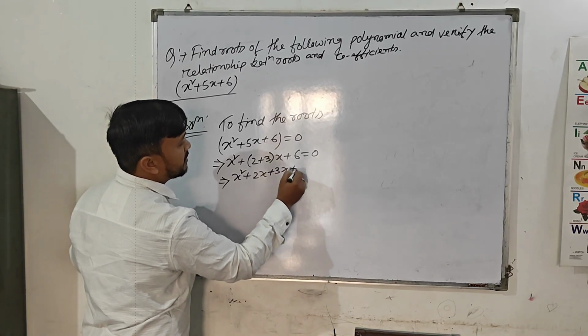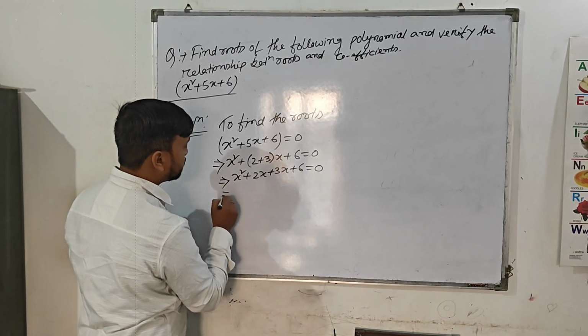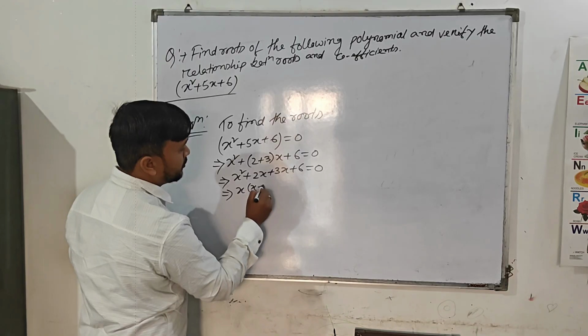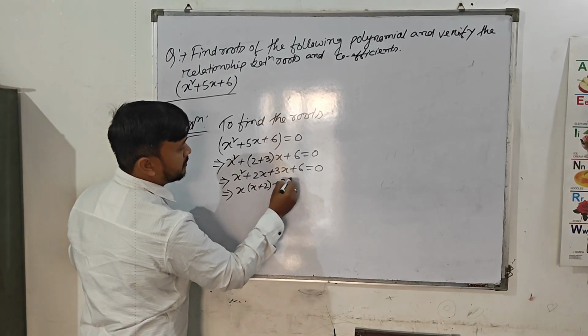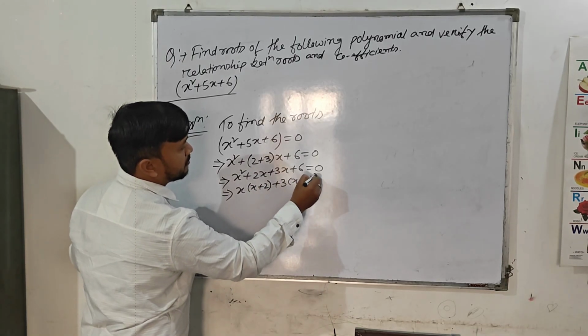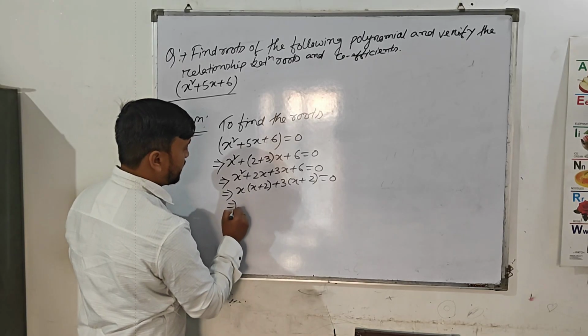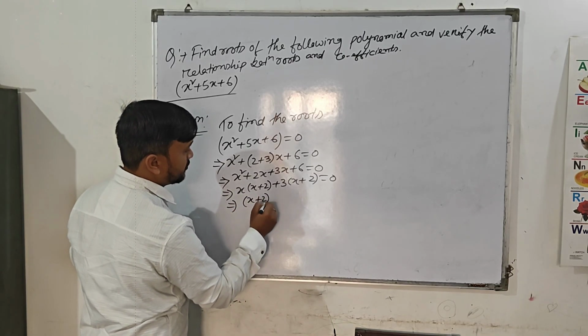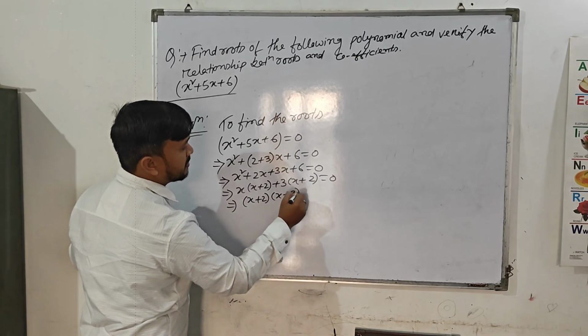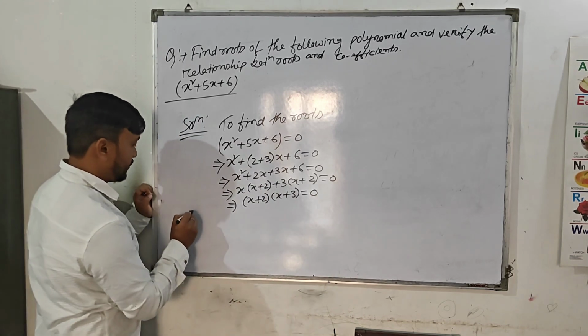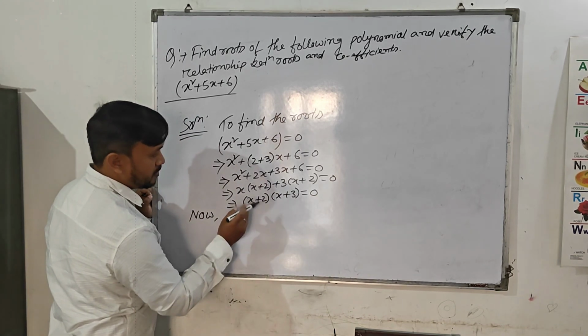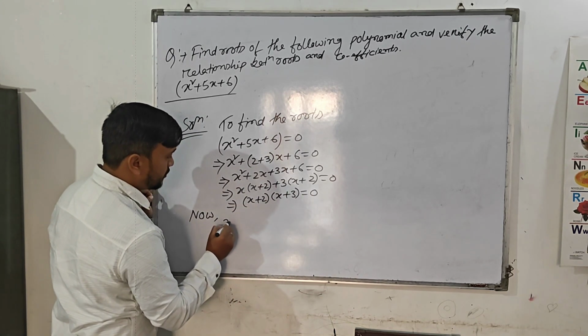2x, 3x. x as common, 3 as common. So finally I am getting x plus 2, x plus 3 equal to 0. Now product of these two factors is 0.